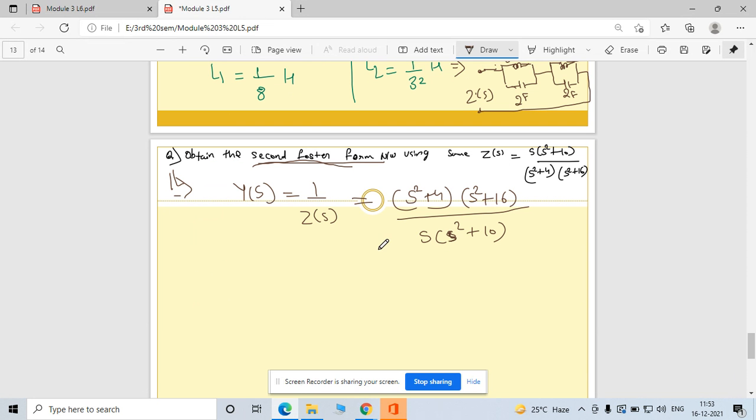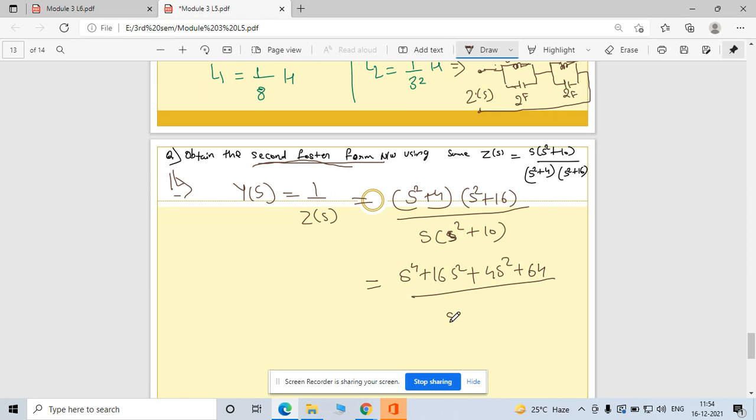Okay, so for that you have to rewrite this equation in your factorized format. First of all, multiply this numerator, that is s square plus 16 and s square plus 4, giving 64, right?